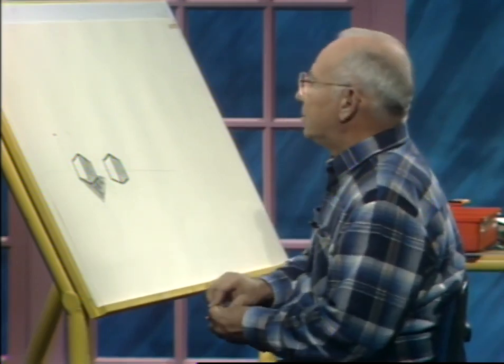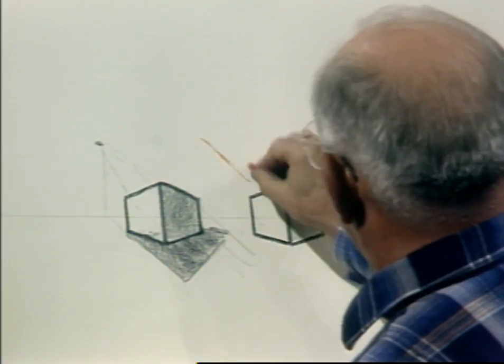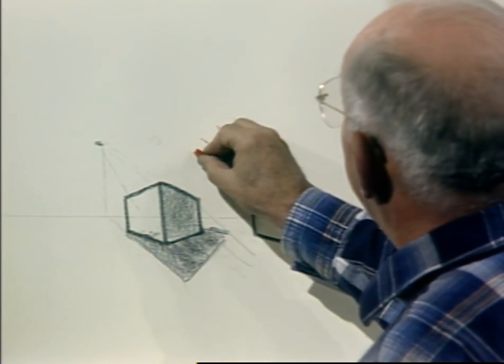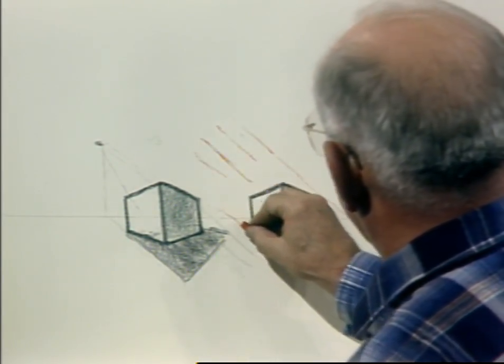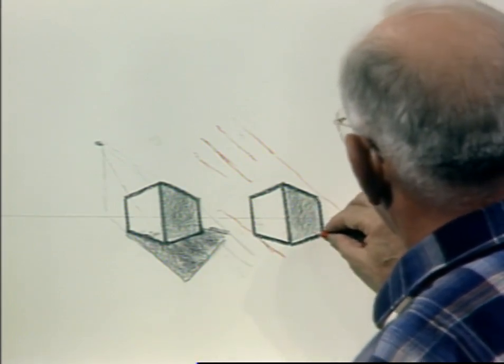Now, if you have natural light, such as sunlight, we have parallel light rays. Moonlight's the same way. The sun and the moon are so far away that their radiating rays appear parallel as they strike an object. And then the shadow is parallel.